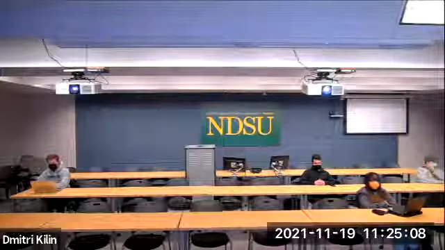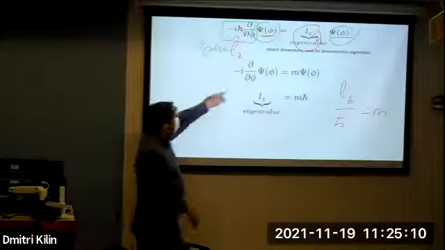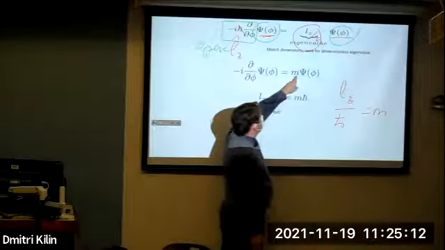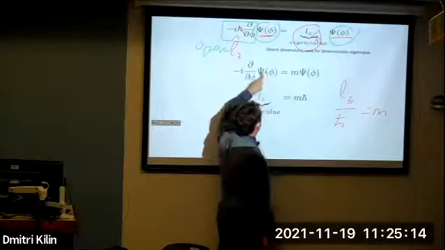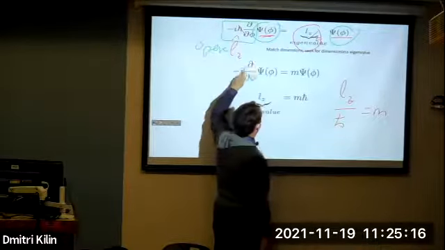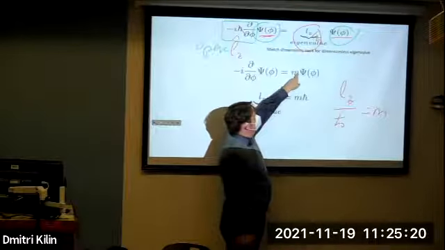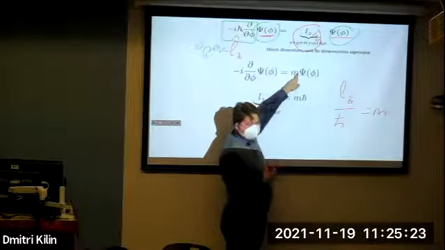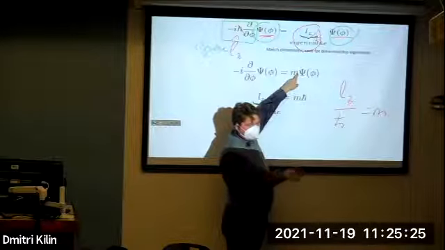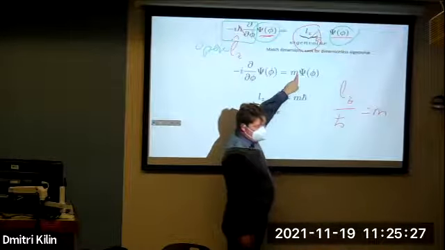Magnetic, yeah, thank you, Sybil. So magnetic quantum number. So by solving eigenvalue problem for angular momentum, we'll find wave function as function of azimuthal angle, and we find magnetic quantum number.